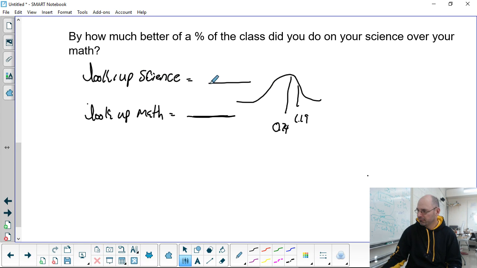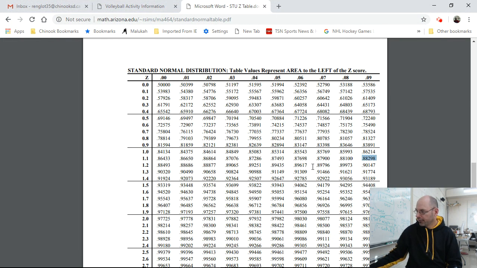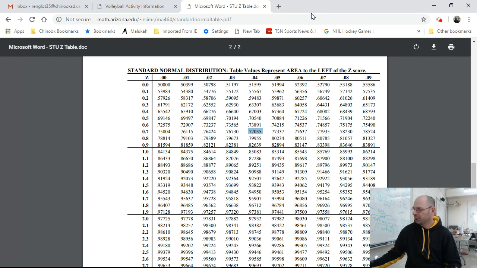So we'll put it in here. Okay, so that's that one. And then we're going to look up math. So that's the 0.74. Okay, 0.74 is right here. Okay, so that's 0.77035.